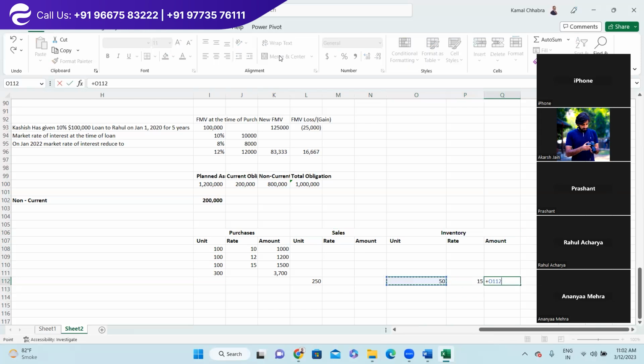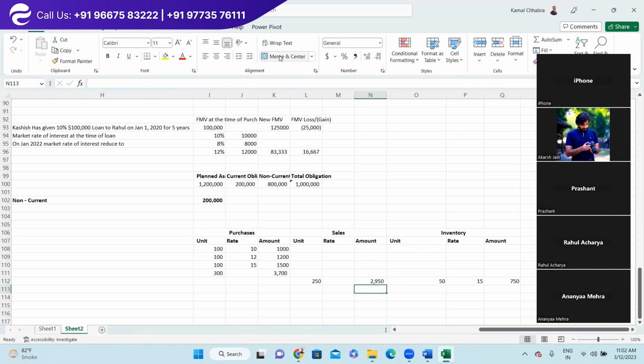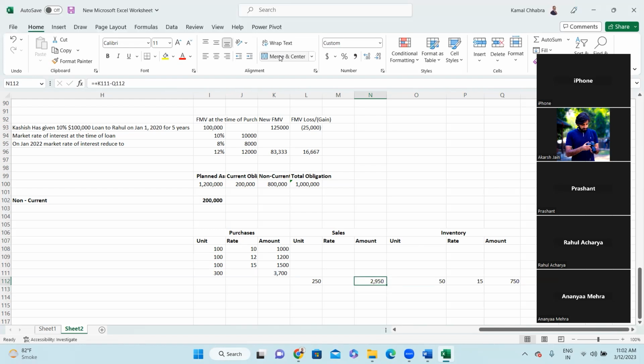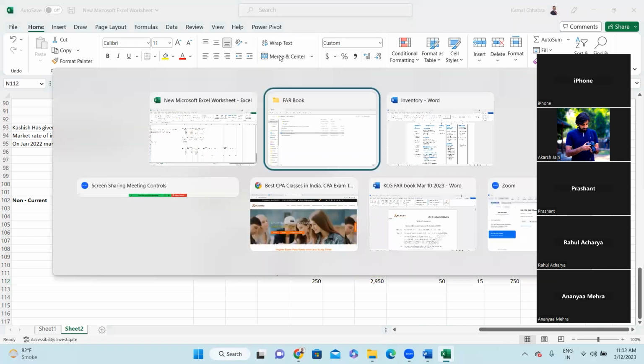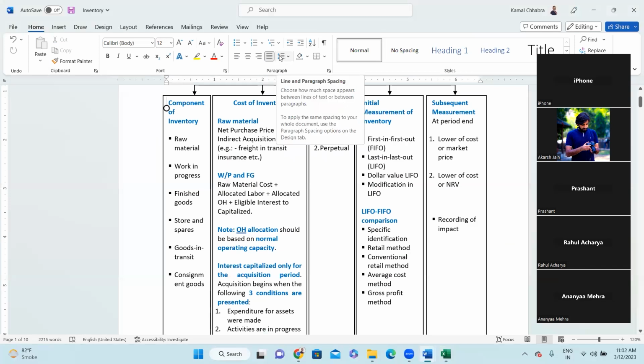So what is the value? 750. And what is the cost of goods sold? This minus this. Right? Everyone agree? Yes, sir. Ananya, Rahul, got it? So this is about first in, first out method.